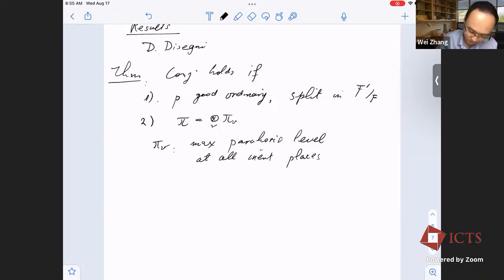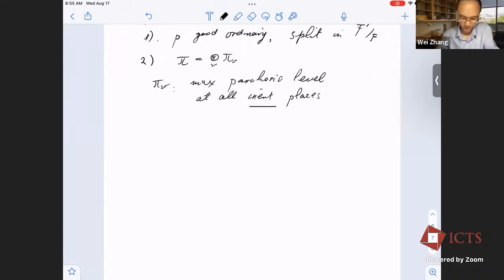For split places, I will ignore that. There's some disjointness of ramification. They shouldn't be simultaneously ramified for the two factors of the unitary group. But anyway, let me just ignore it. If you like, we can talk later.